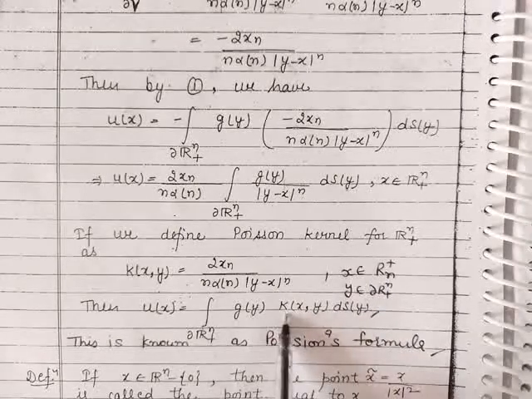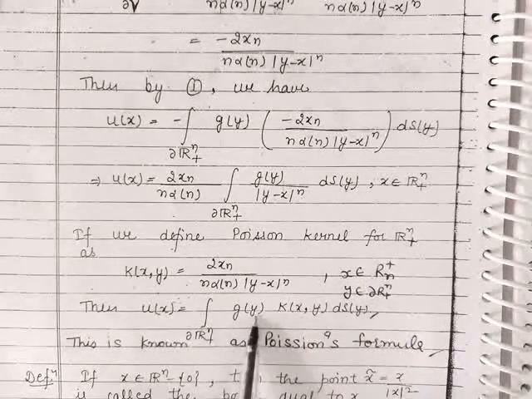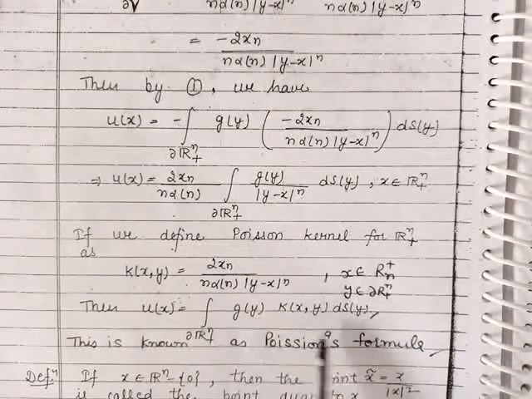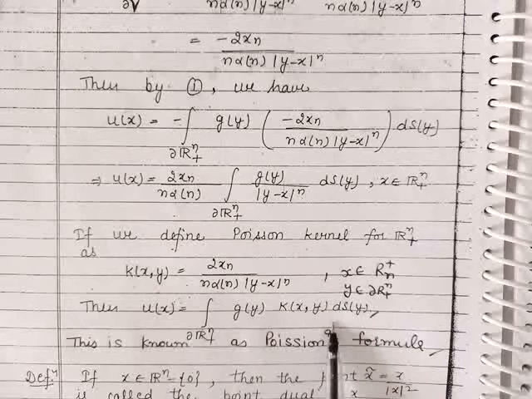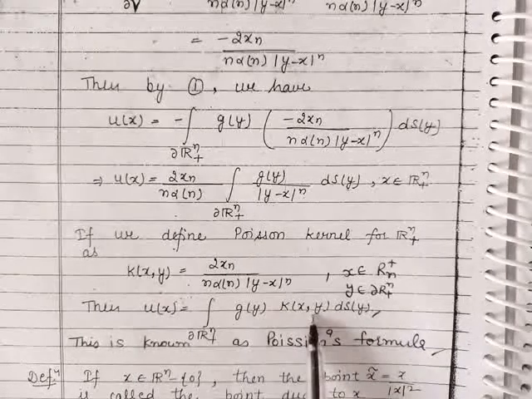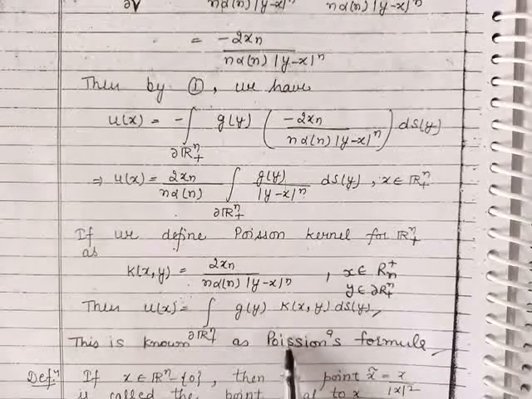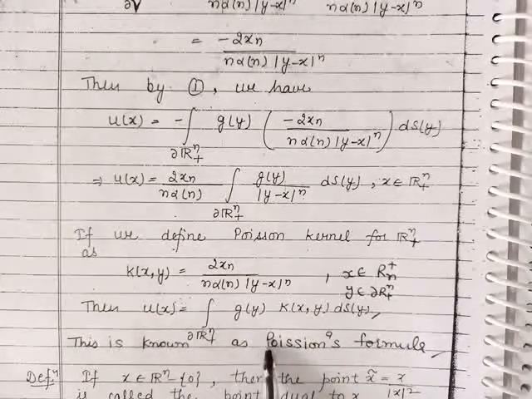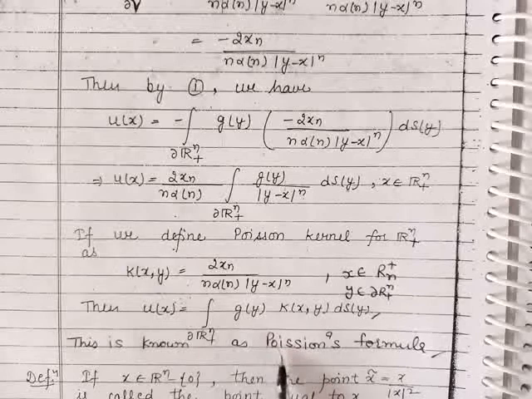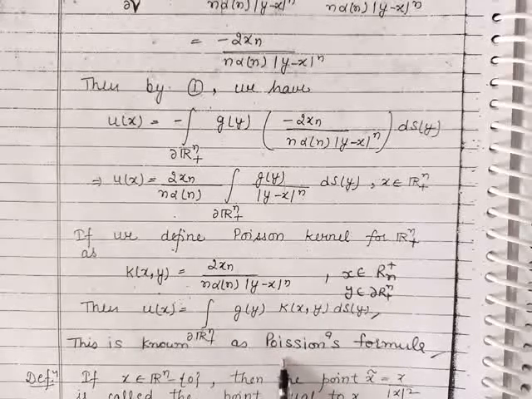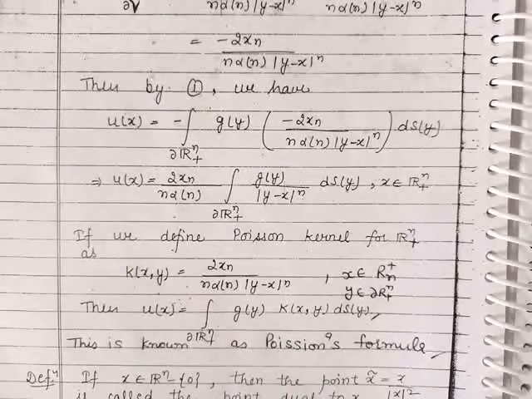So this is the solution of the given boundary value problem in terms of Poisson's kernel, and this formula is also known as Poisson's formula. So this was our topic, Green's function for the half space, and using that to find the solution of the given boundary value problem.